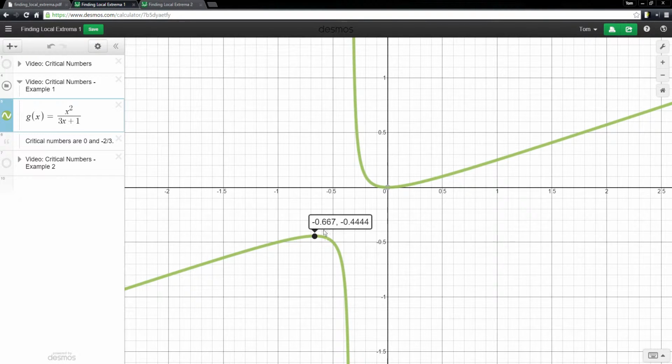You can see it at minus 0.667, that is negative 2/3. So there's the local max. And then right here we have a local min, a local low point, and we can see that that happens at the other critical number, 0.